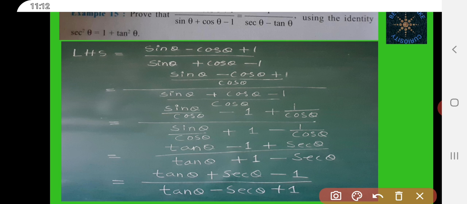If you rearrange the terms, the value does not change. So in the denominator you can write tan theta, then sec theta, then plus 1. Just rearrange them. Okay.